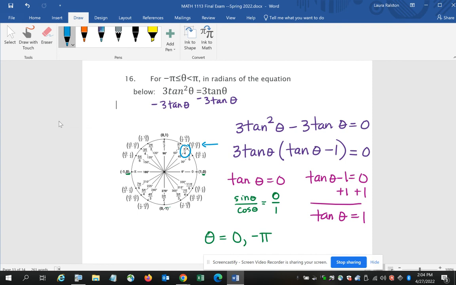That's not positive. Third quadrant, you have a negative divided by a negative, which does work. But again, you got to be careful because 5 pi fourths doesn't fit in the interval. So we have theta could be pi fourths, or when you rotate negatively, this would be negative 3 pi fourths. Okay, you got to be careful. You got to stay within the limitations that are provided with the problem.